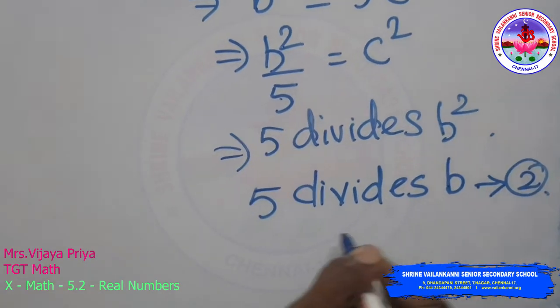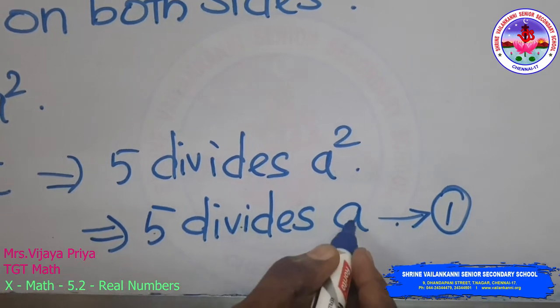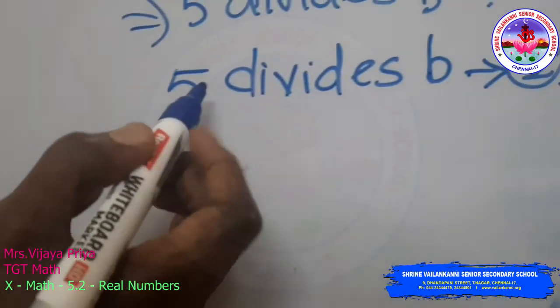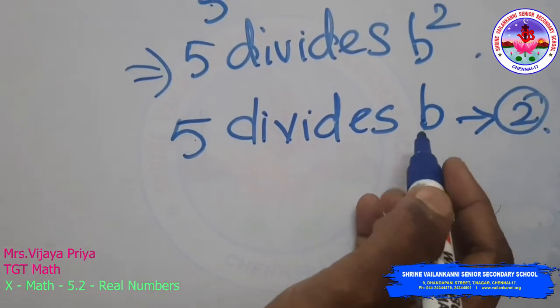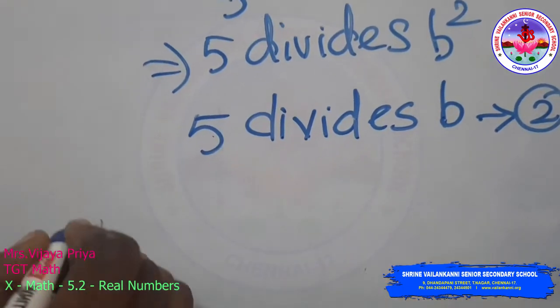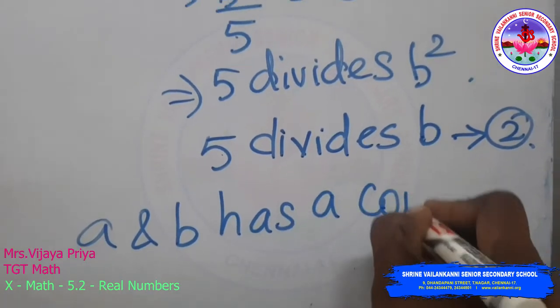Now coming back to equation 1. Here we got equation 1 as 5 divides a and equation 2 as 5 divides b. So a and b have a common factor 5.